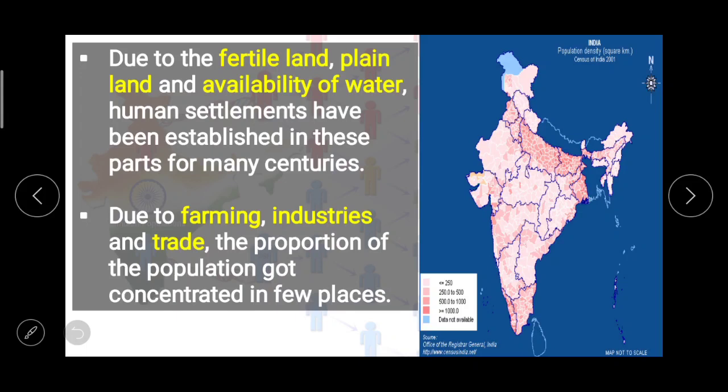Due to the fertile land, plain land, and availability of water, human settlements have been established in these parts for many centuries. Because while settling, it is very important to see whether all these facilities are easily accessible or available.